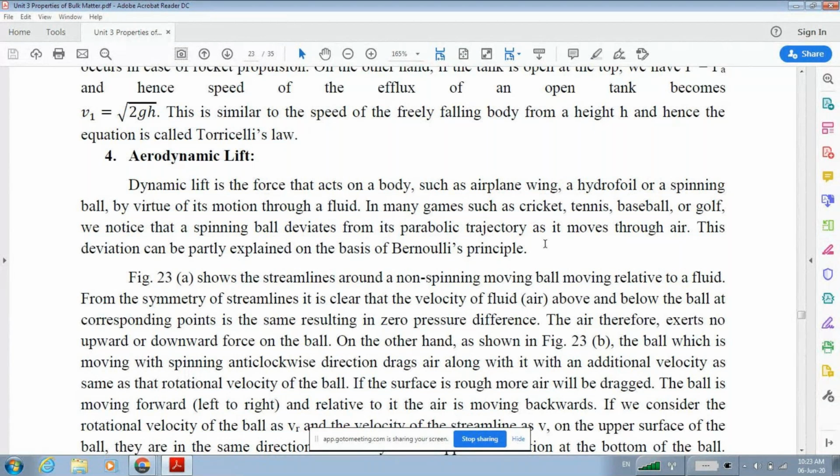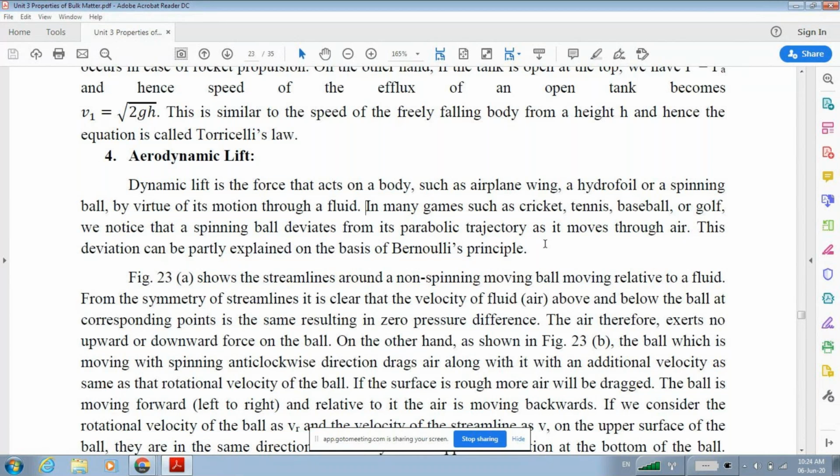So what is the path of a projectile in general? What is the path? Parabolic. So the path of a projectile is parabolic in nature. But if the projectile is spinning, then its path slightly deviates from the parabolic path.